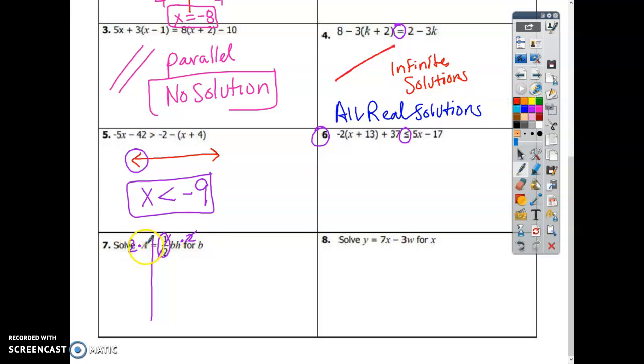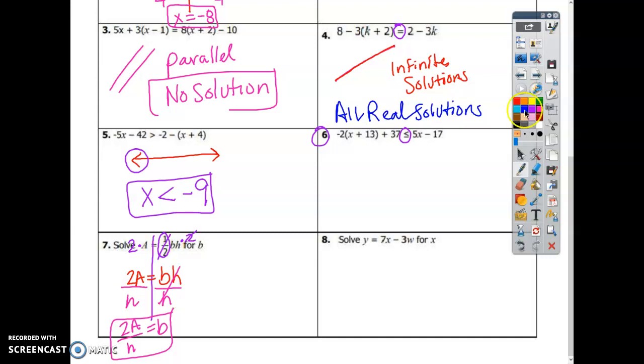What's 2 times a? 2a equals bh. Now, how do I leave the b by itself? What do I do with the h? Divide. You have to divide to get rid of it. So you're going to divide both sides by h to get rid of the h. And that leaves you b equals 2a over h. So 2a over h equals b. And that's what you would look for as one of the answers.